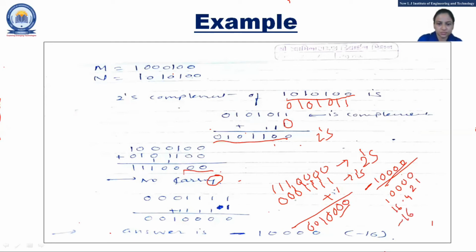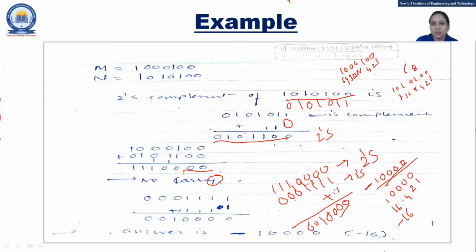Now, how do we get this answer? The first number has place values 1, 2, 4, 8, 16, 32 and 64. This is our number: 64 and 4, that is 68. The other number is 10101000, with place values 1, 2, 4, 8, 16, 32 and 64.